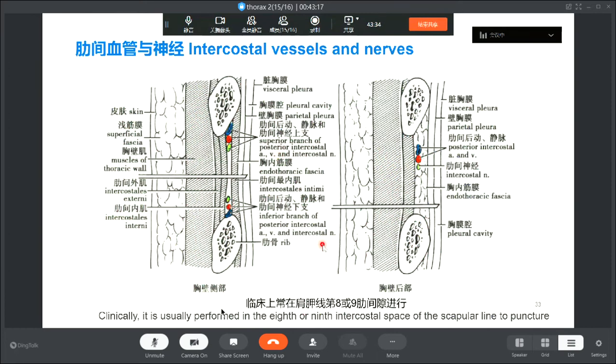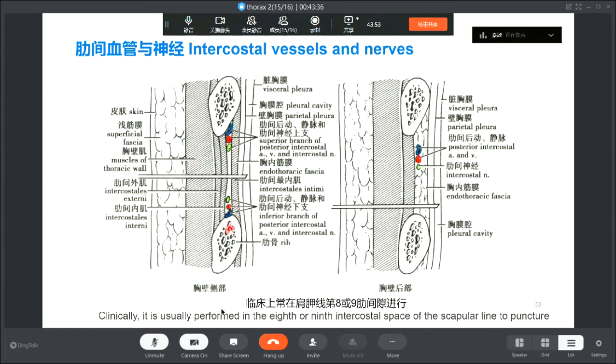Let's look at this structure from upper to lower. The upper part is vein, artery, nerve.